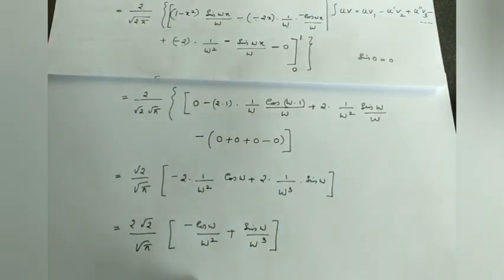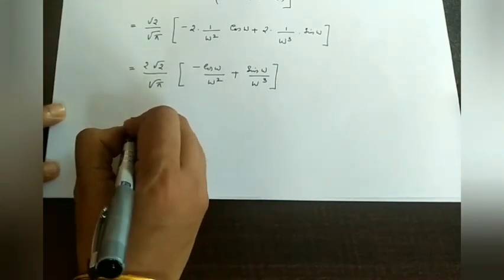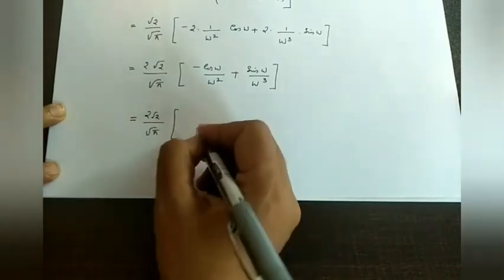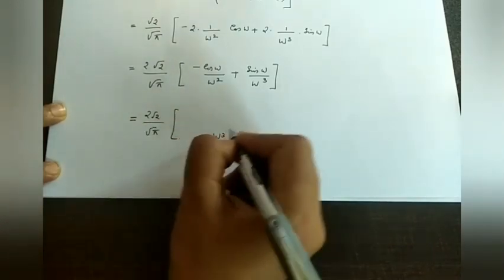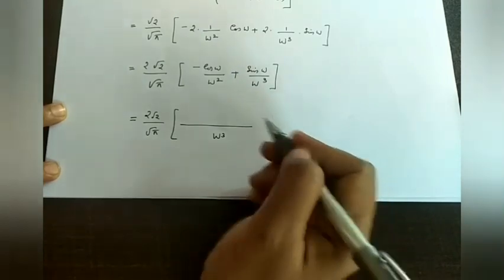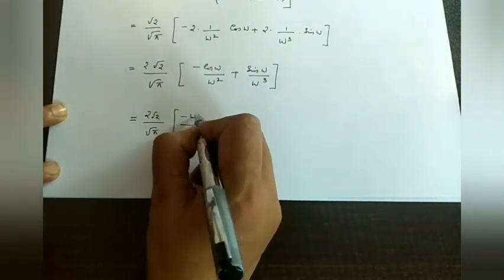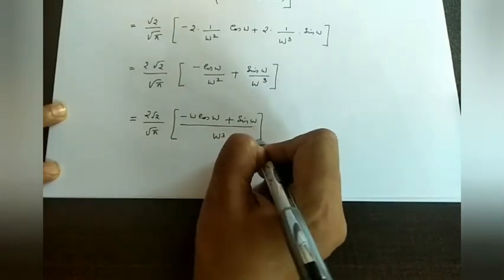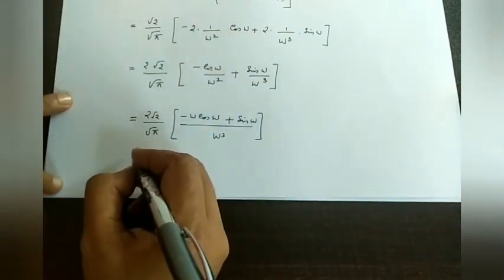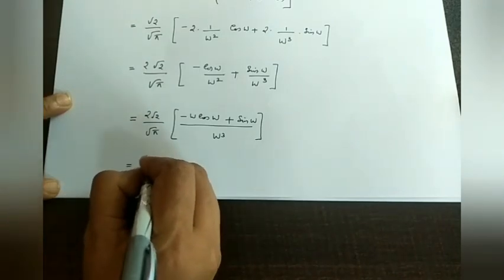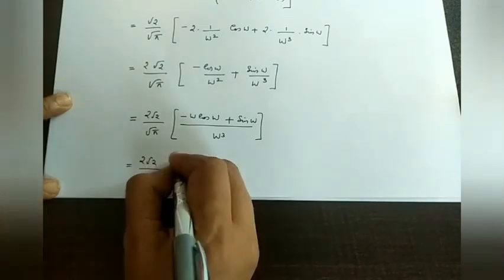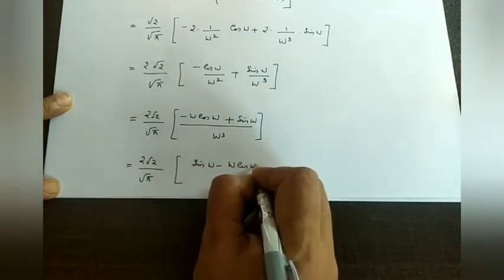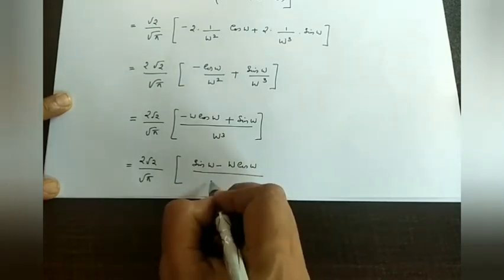Or this can be written as 2 root 2 by root pi into, we can take omega cube as LCM, so that we have minus omega cos omega plus sin omega. Or this can be written as 2 root 2 by root pi into sin omega minus omega cos omega by omega cube.